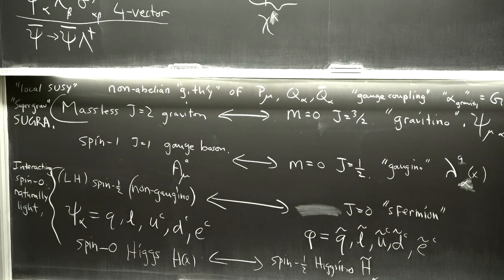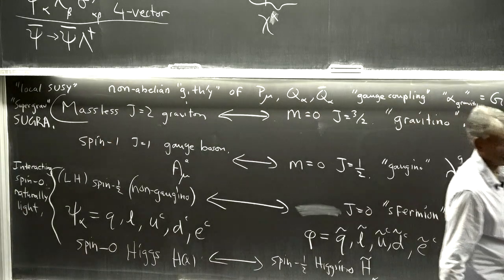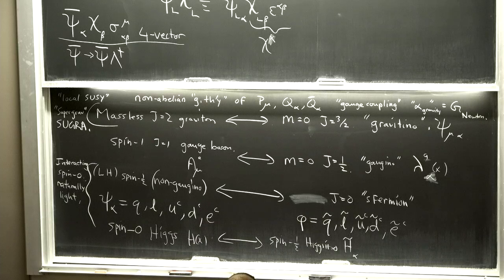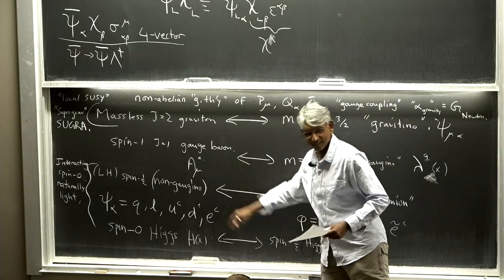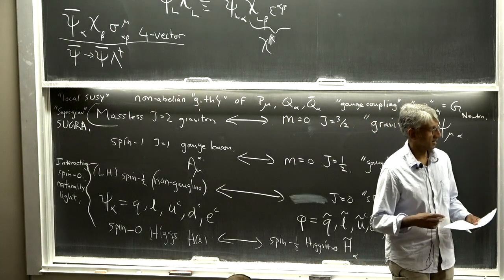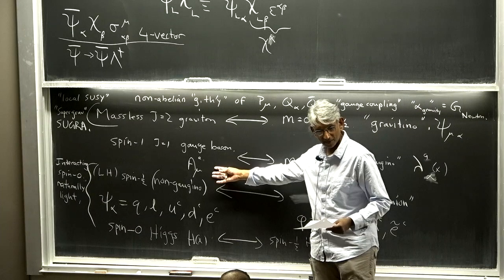Is the gauge group, or the gauge groups that describe the SUSY partners of the standard model, the same as the gauge groups of the standard model? So the standard model will have gauge groups which involve these guys, right? That index. The SUSY will continue to have those gauge groups.